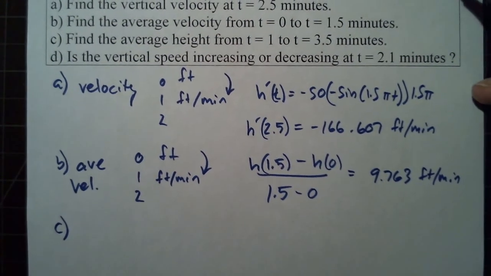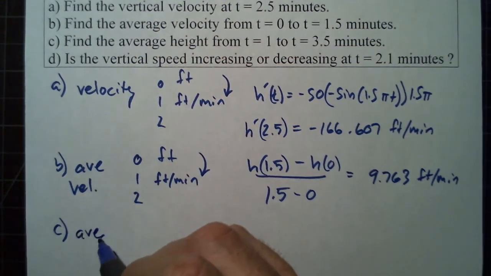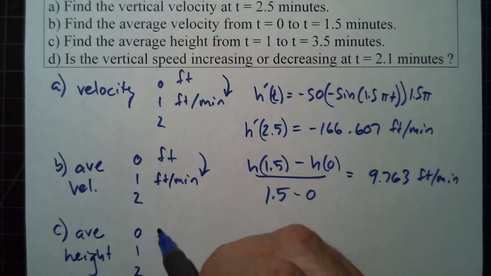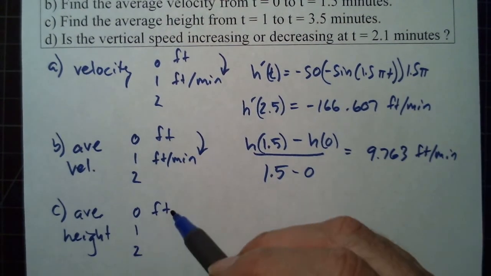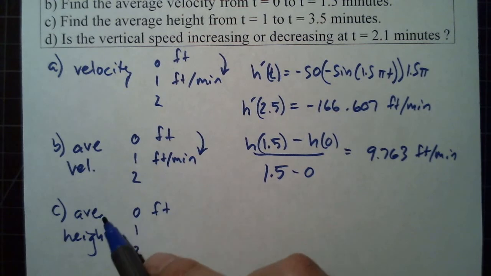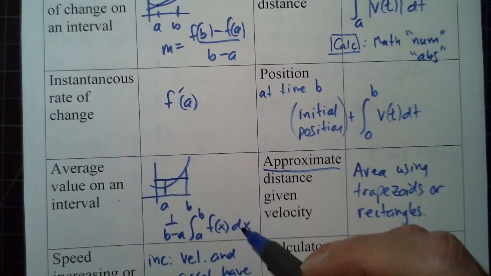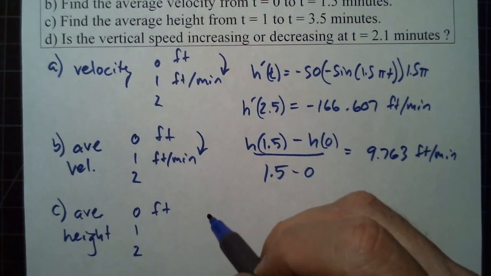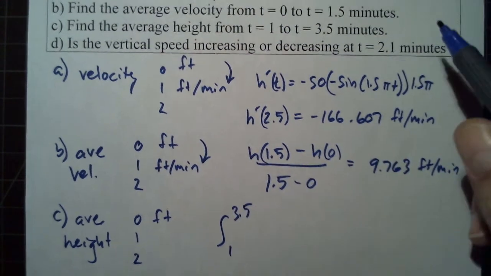Part C, find the average height. Average height is the key word. We're starting on height in feet, and we're trying to find the height. So we're staying on the same level, and it says average. So that means we need to use the average value of a function. And we can integrate from 1 to 3.5.